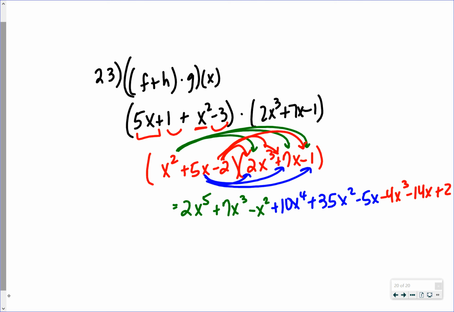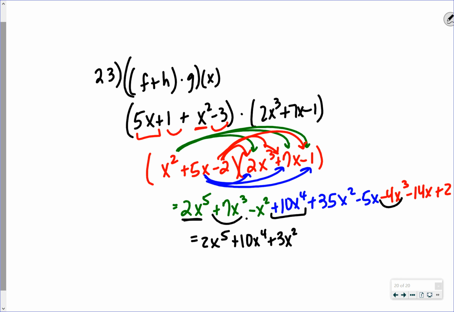Now I'm just going to combine my like terms. I have 1x to the 5th term, 2x to the 5th. X to the 4th, here's a 10. That's my only one, 10x to the 4th. Cubic, 7x cubed minus 4x cubed, that would be a 3x cubed.